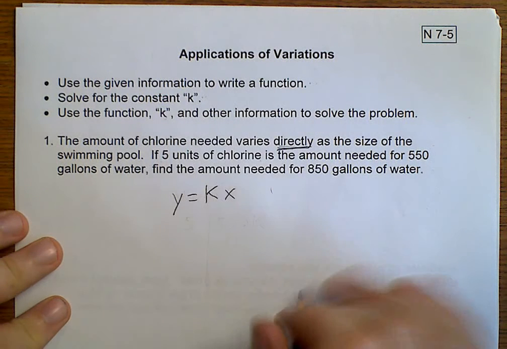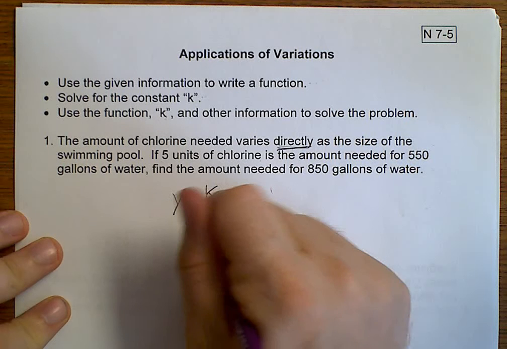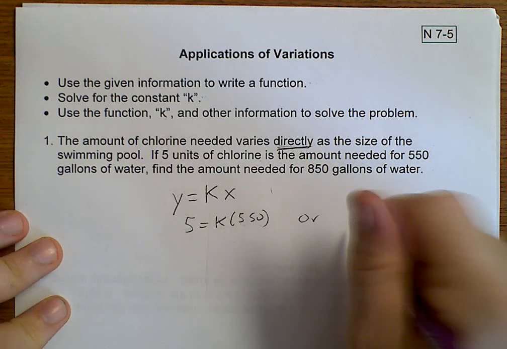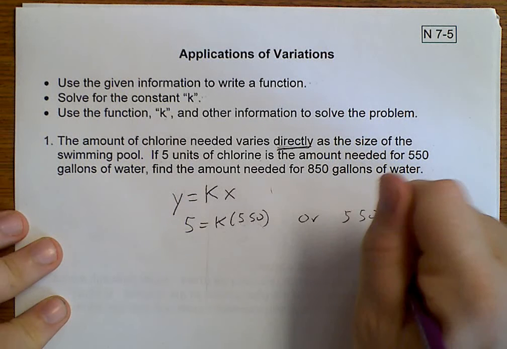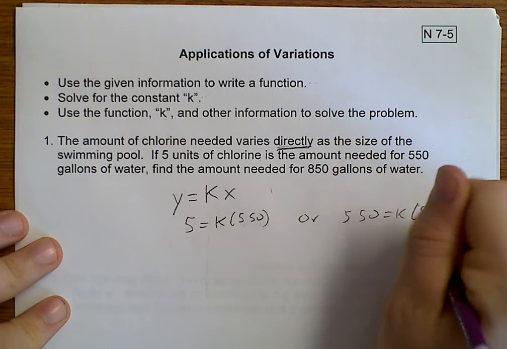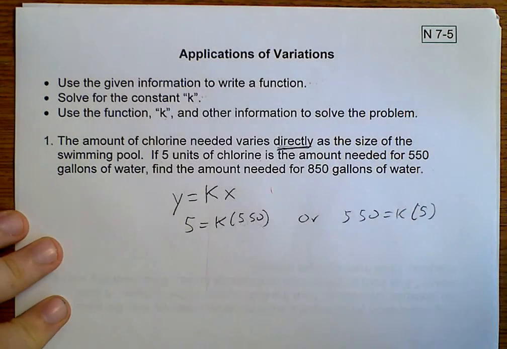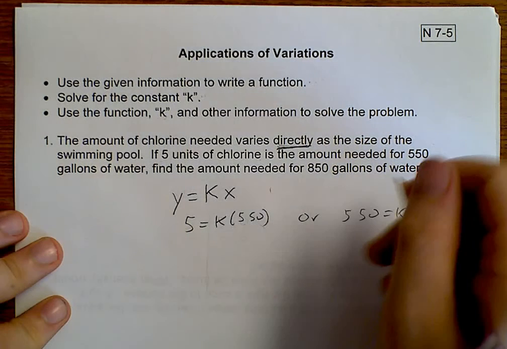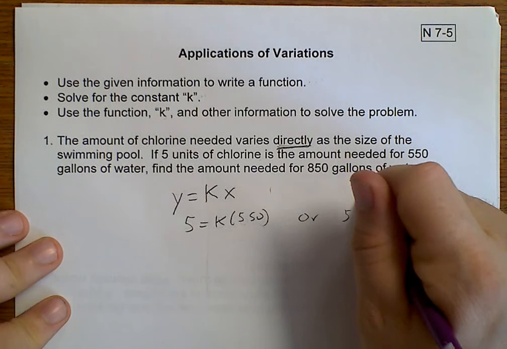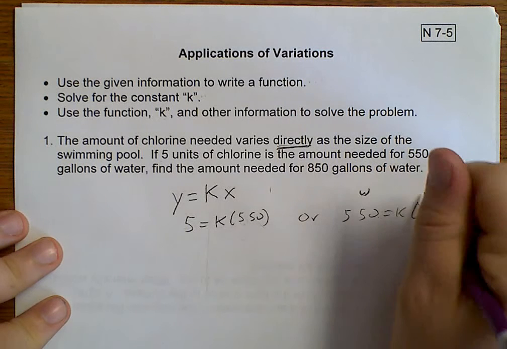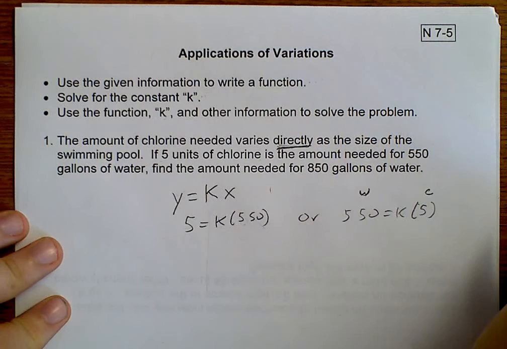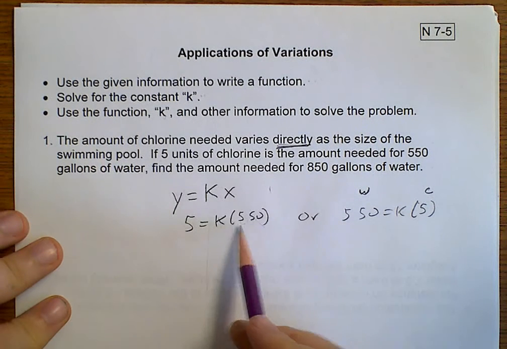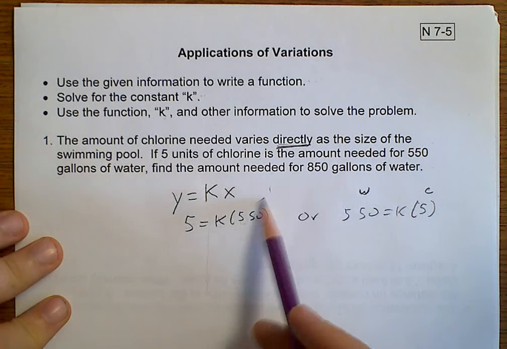So I could either write this as 5 equals k times 550, or I could write this as 550 equals k times 5, where the 550 is the water and the 5 is the chlorine. Well, this is going to be a little bit easier because I can divide by 5 a lot easier than I can divide by 550.